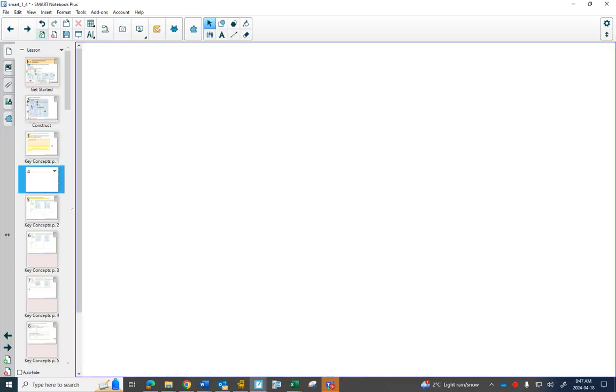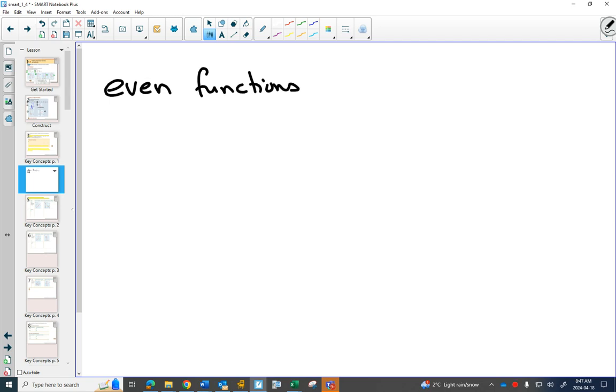So our notes off to the side, we're going to write some hints about even functions. So what is an even function? That's like an x squared graph, x to the 4 graph, x to the 6 graph. If your highest degree is even, you have an even function.